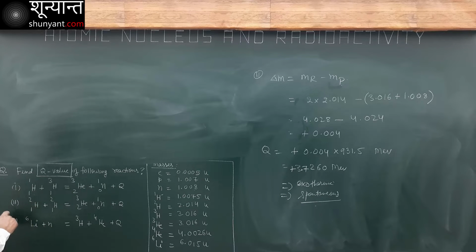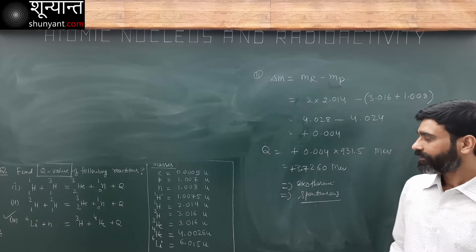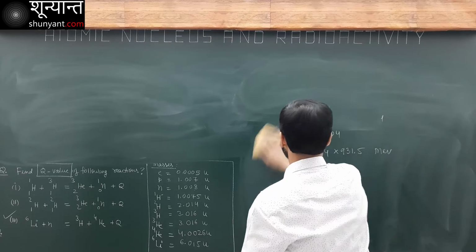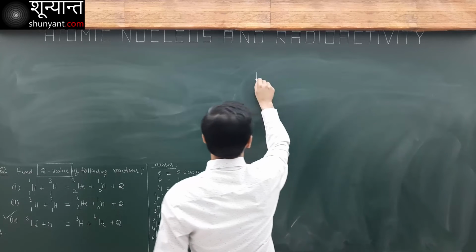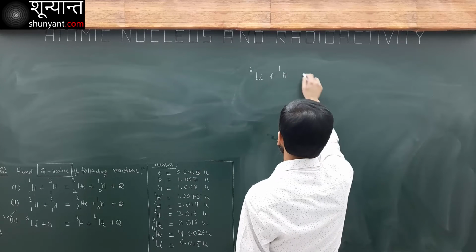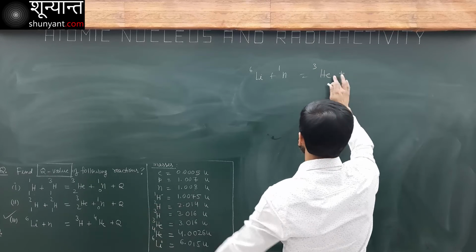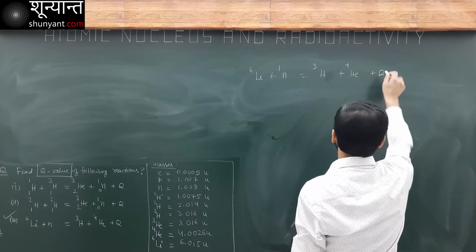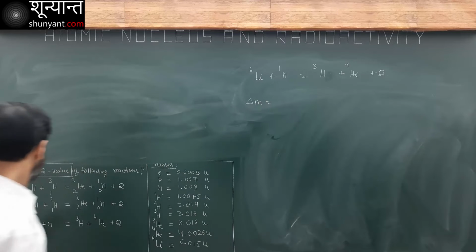Now let's look at this last one here. The last one is lithium-6 plus a neutron. I get helium-4 plus hydrogen-3 plus some Q. Now delta M is equal to the mass of reactant.